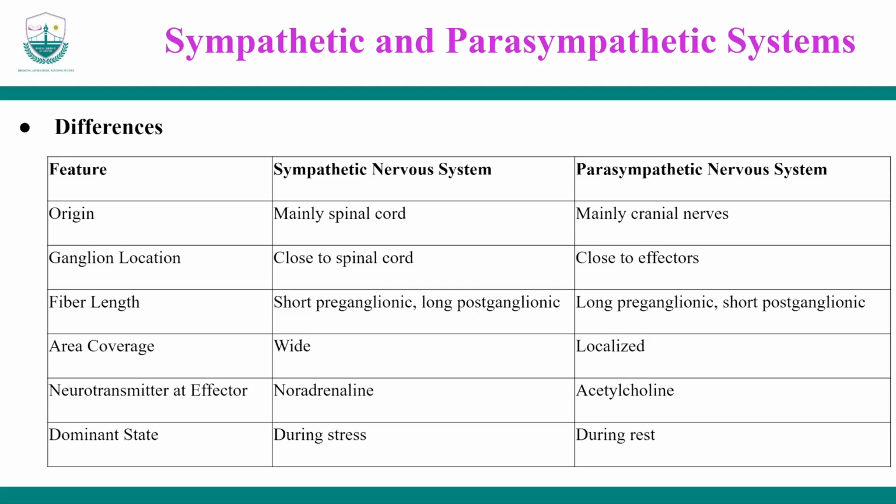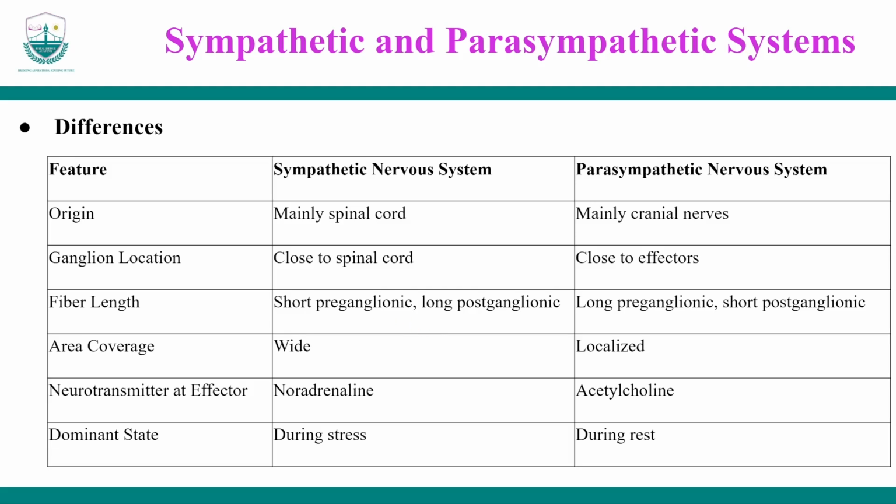The location of the ganglion: for the sympathetic, the ganglia are closer to the spinal cord, and for the parasympathetic, they are closer to the effectors, which are the muscles or the glands. Because the ganglia are located closer to the spinal cord in the sympathetic, the preganglionic fibers are short, whereas the postganglionic fibers are long.